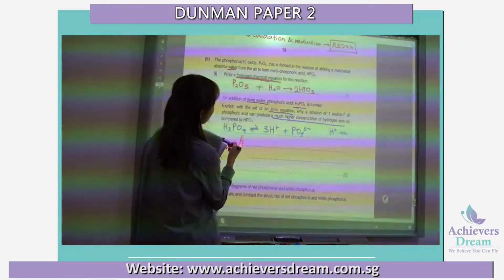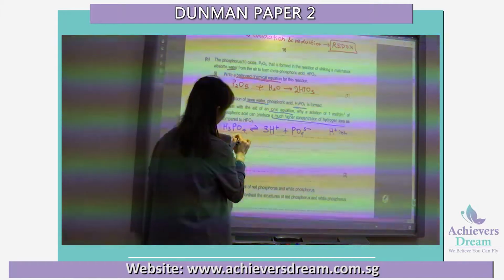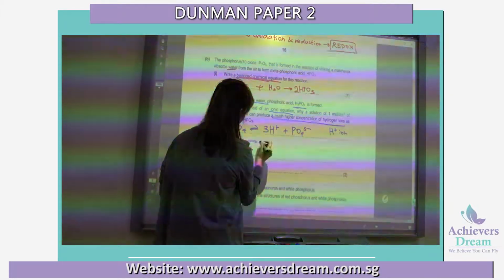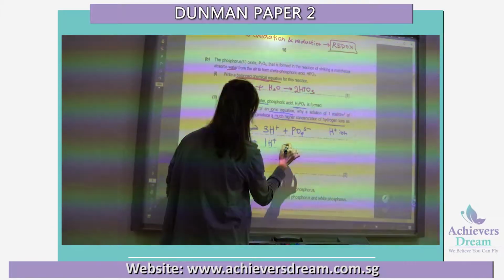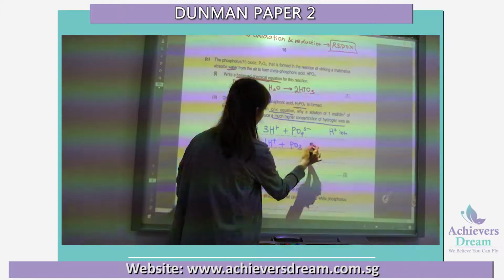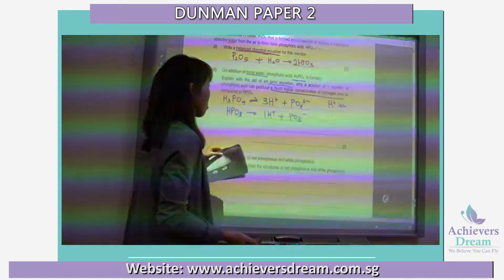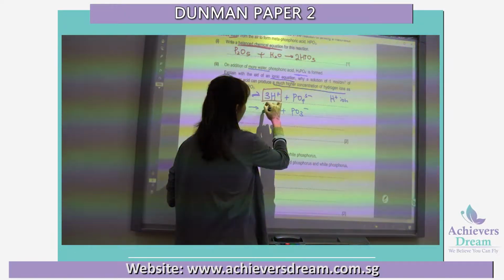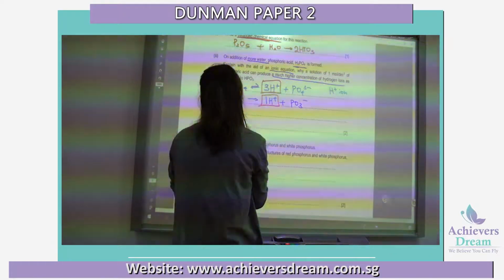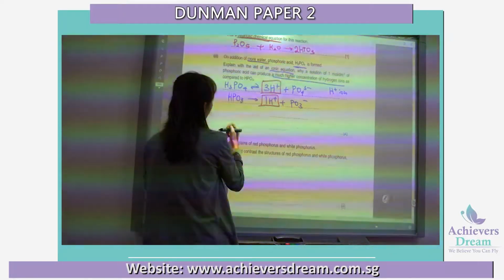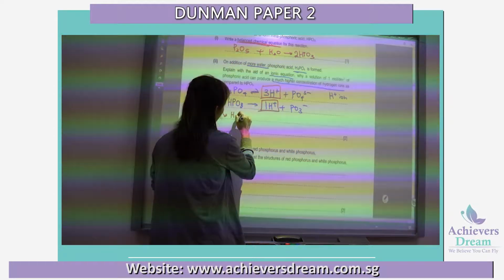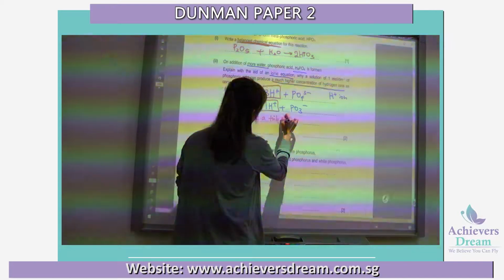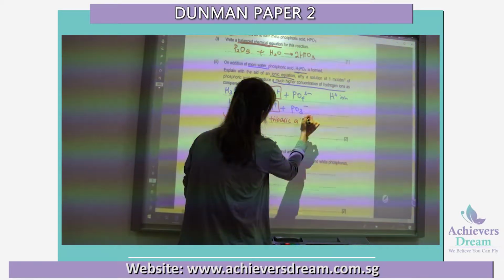Whereas HPO3 gives me 1 mole of H+ and PO3-, correct? So why would it give me a much higher concentration of H+? How do we explain this? We need to talk about this term called tribasic. So we say that H3PO4 is a tribasic acid.